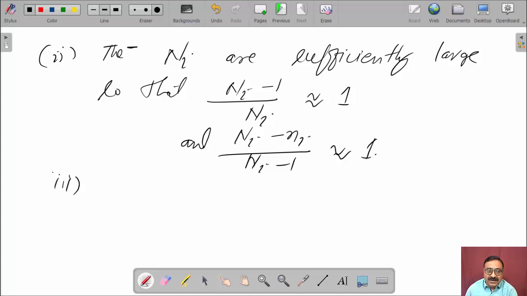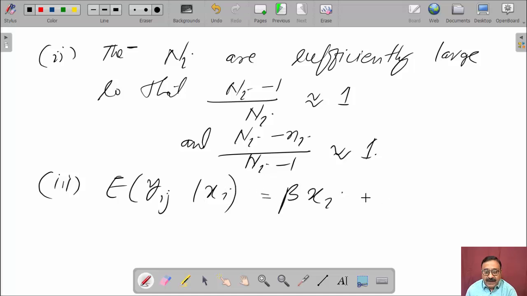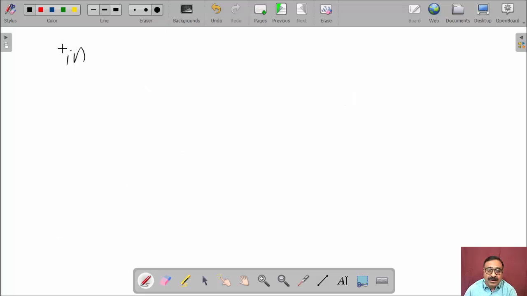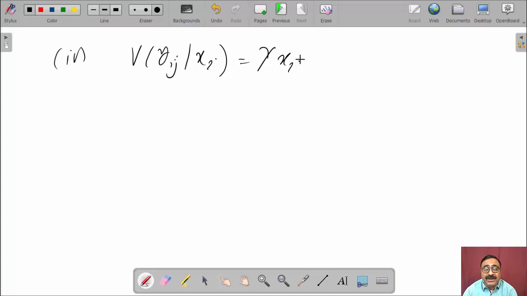Now the third assumption: the expectation of yij given xi is equal to beta into xi. That is, the relation between yi and xi is a straight line passing through origin. The fourth assumption: we shall take the variance of yij given xi equal to gamma into xi. That is, the variance of yi is proportional to xi.